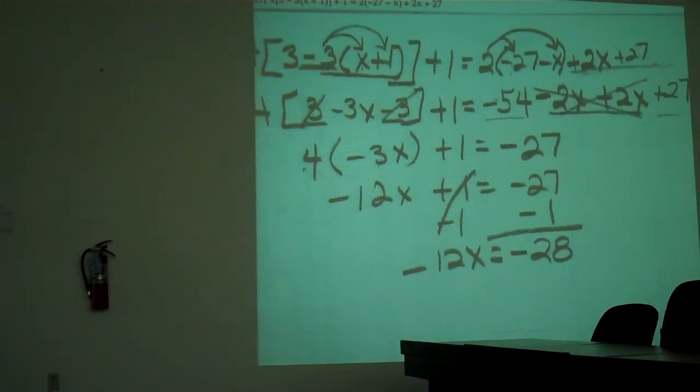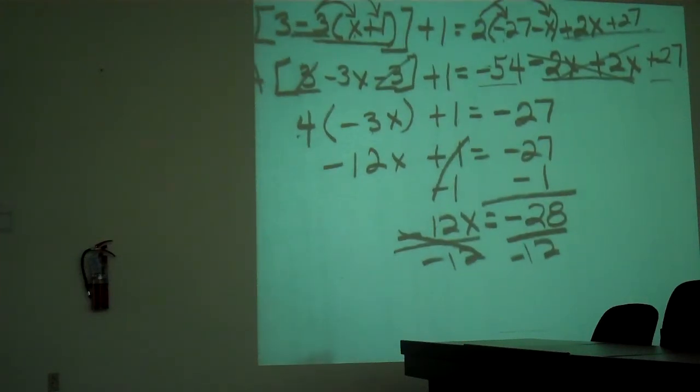Okay, so now we have divide by negative 12. Negative 28 divided by negative 12 does not come out even, does it? What can we divide by? 2, 4? 4 is probably the biggest one, right?